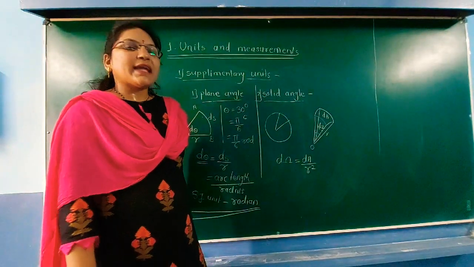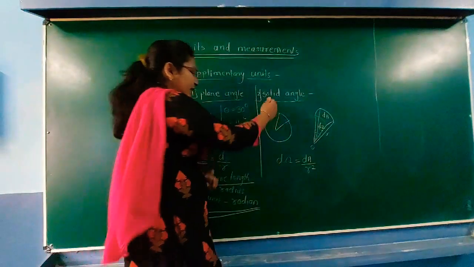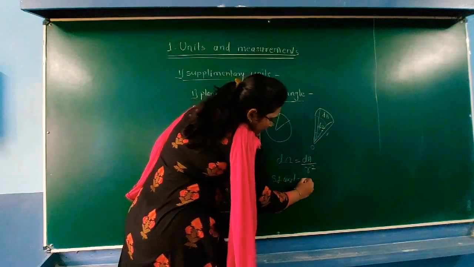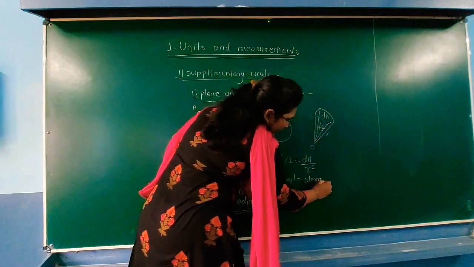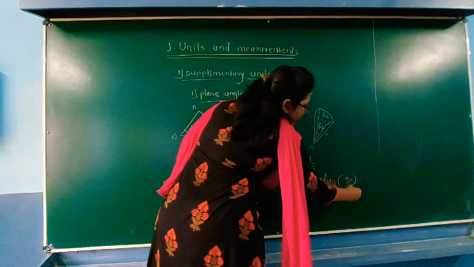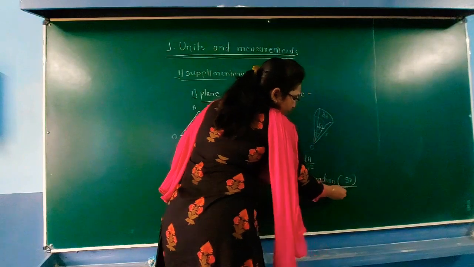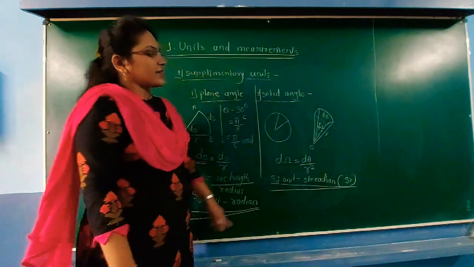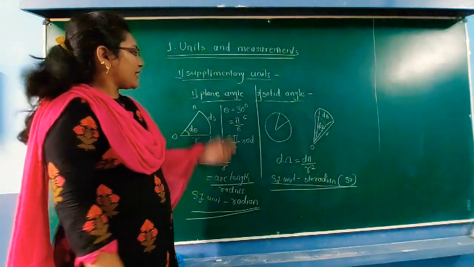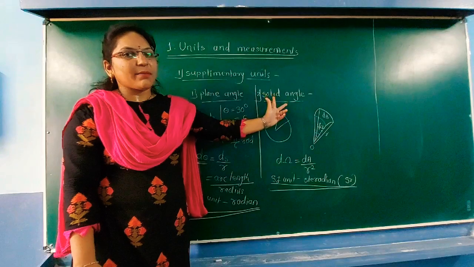Okay, then the plane angle has SI unit radian. Then the solid angle has SI unit steradian, and its symbol is small sr. Note, the SI unit of solid angle is steradian and its symbol is sr. Plane angle is two-dimensional, solid angle is three-dimensional.